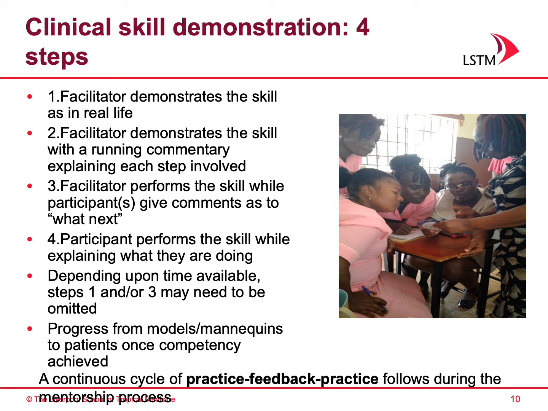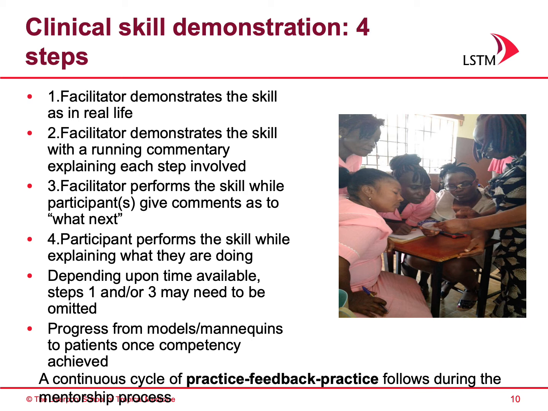So let's start with skill demonstration. When you're demonstrating a skill, first of all, the facilitator will demonstrate the skill, perhaps on a model, as it would be in real life. And ideally, they should first demonstrate without saying anything, so that the participants can just watch, so that they're using all their visual skills and they're not being distracted by any sound.